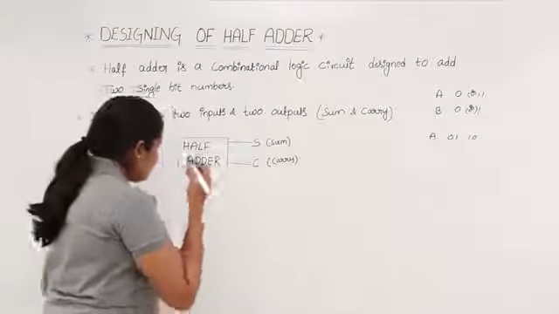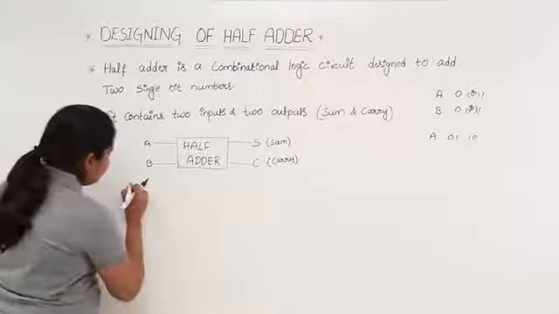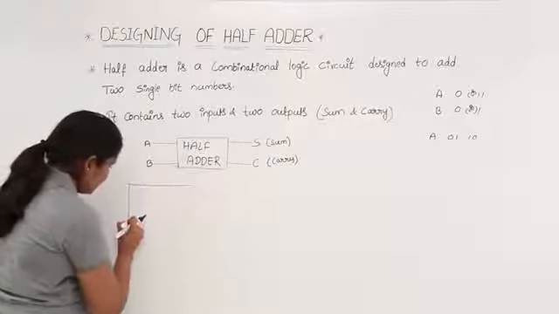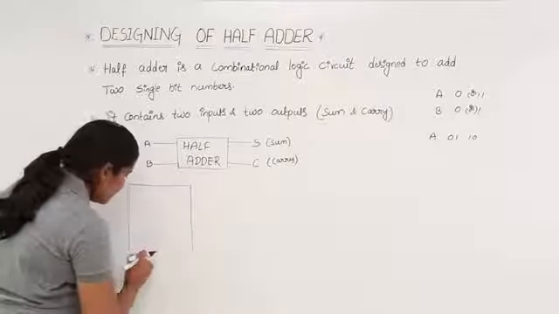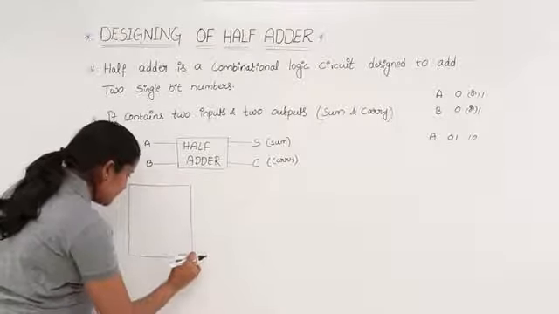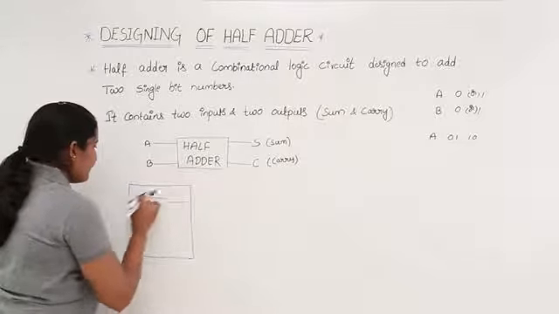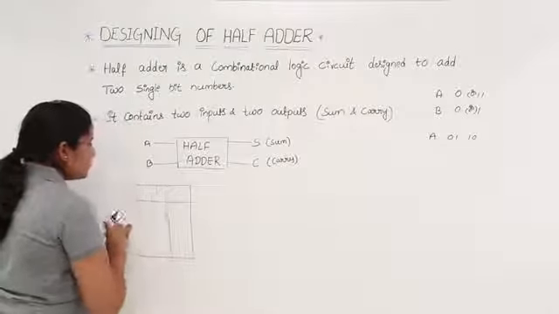I am designing the truth table here. I always tell you that your truth table must contain inputs and after that outputs. Here you have two inputs and two outputs.